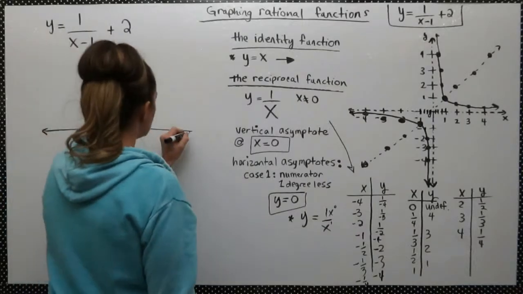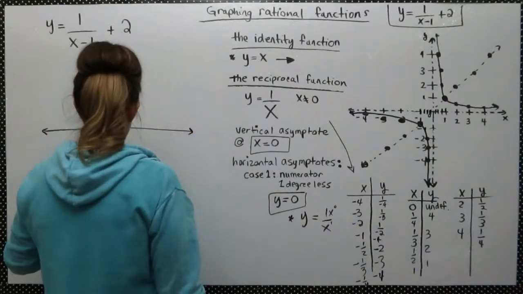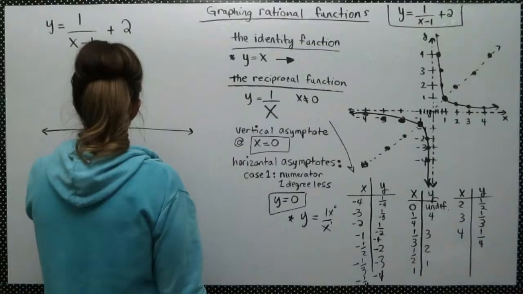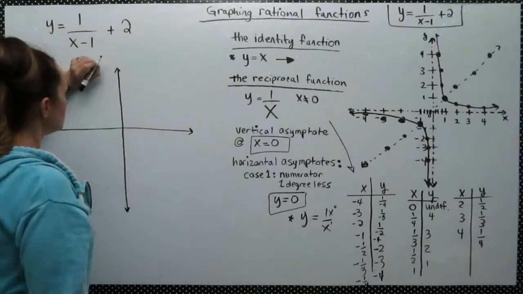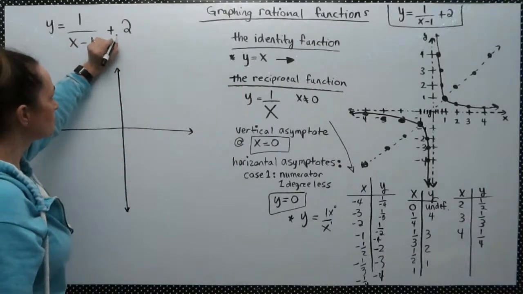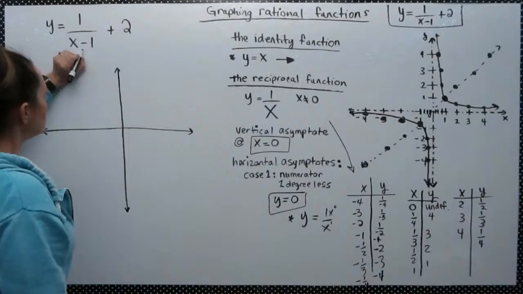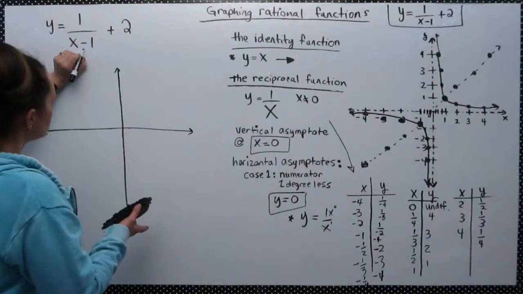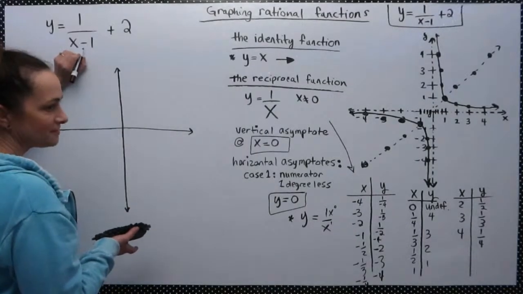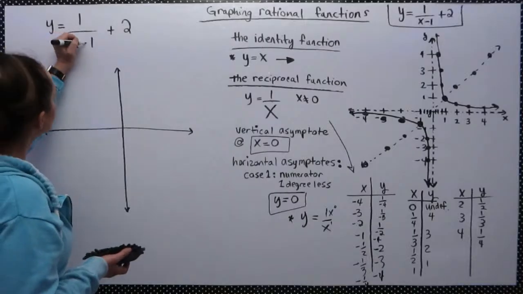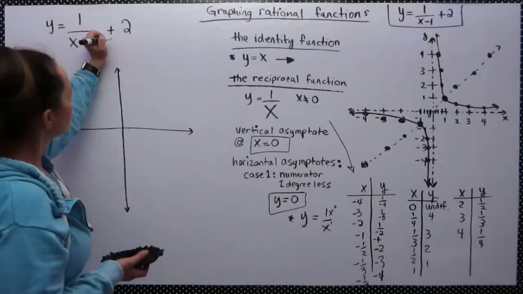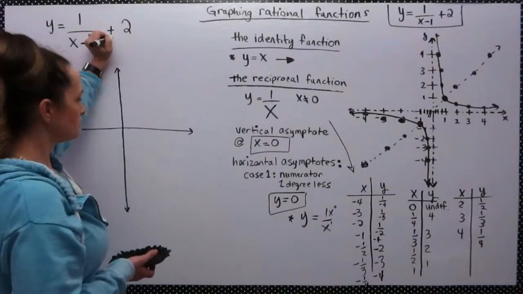We already have our table of values, so all we have to do is literally move every point up 2 and to the right 1, because here's your horizontal shift and here's your vertical shift.